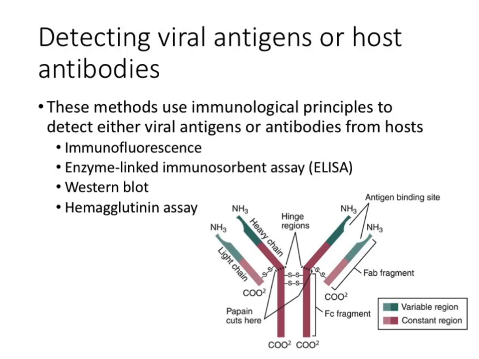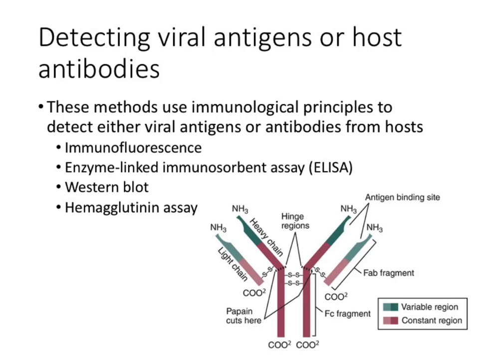So let's do a quick review of one piece of immunology here, and that's the antibody. Using antibodies to detect pathogens is frequently used in these different techniques. Immunofluorescence, which is a microscopy technique. The immuno refers to antibody.